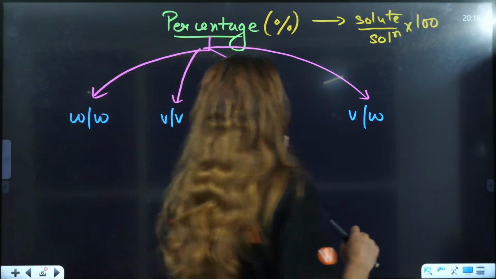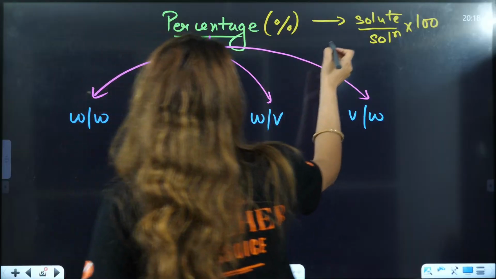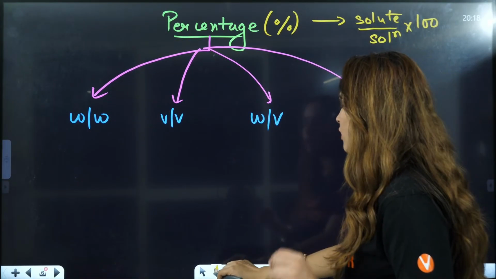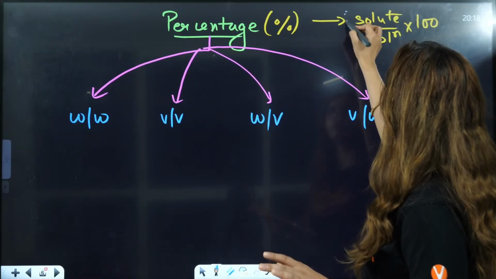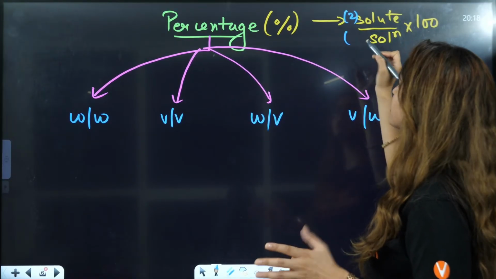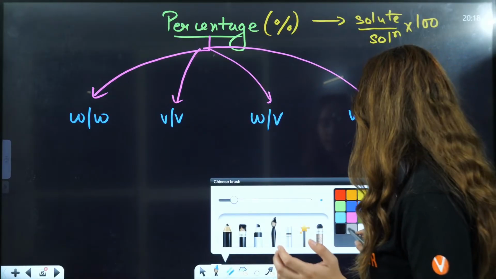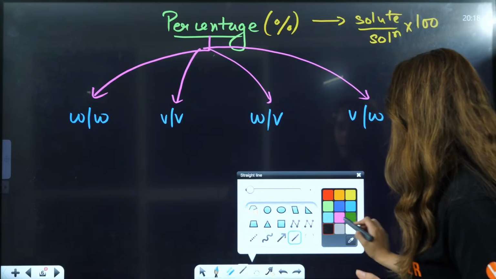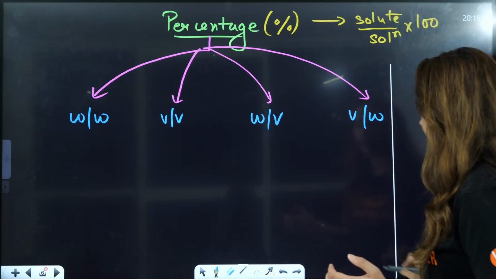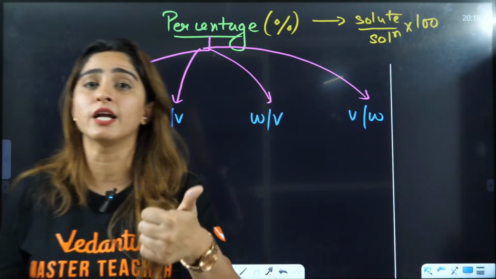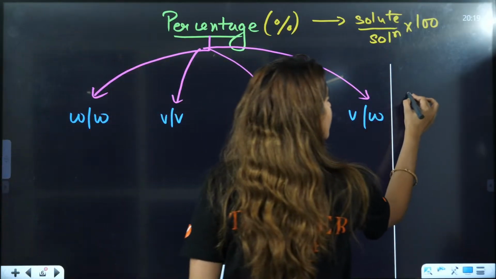Now we will always represent solute by 2 in the formulas, and solution is not represented by anything. So I would rather write it here. Always, solute is represented by which number? Everybody in the chat box.